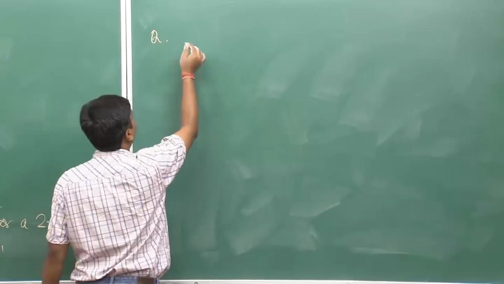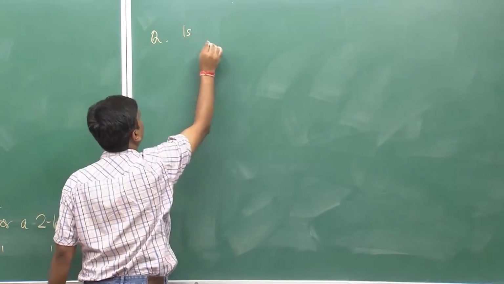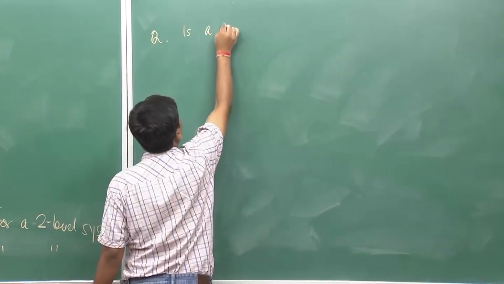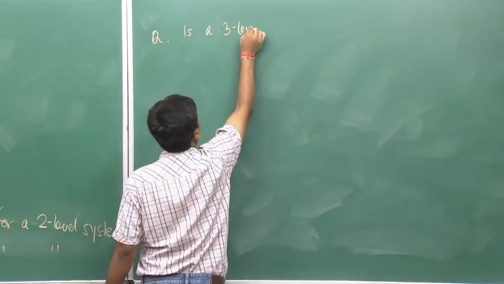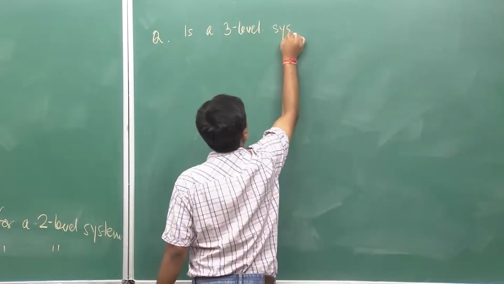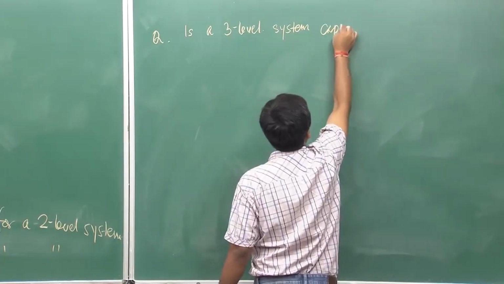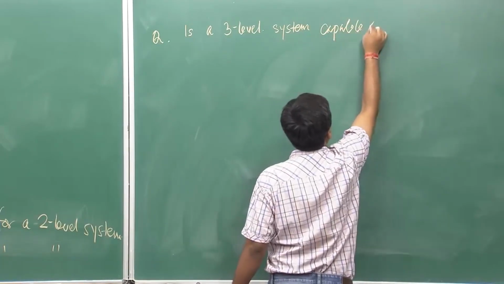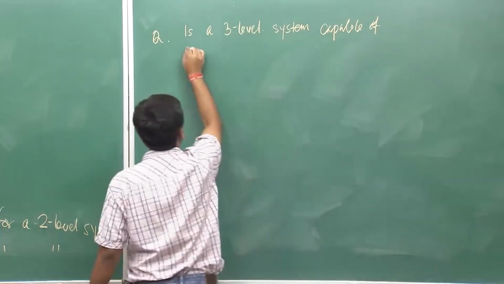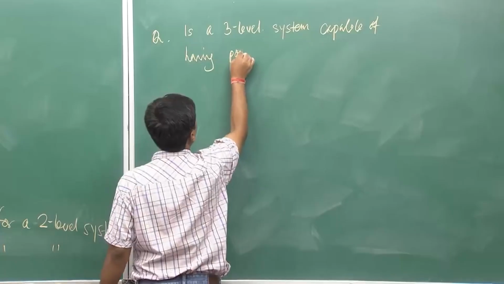Now, is a 3-level system capable of having population inversion?